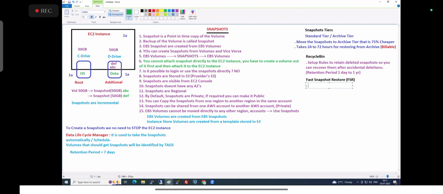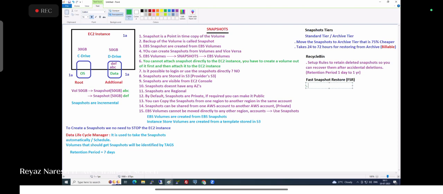So FSR is the concept of that: fast snapshot restore. If you enable FSR, you can directly use your snapshots and volumes immediately with full performance. But you need to pay money for that. It's not free. It is billable.